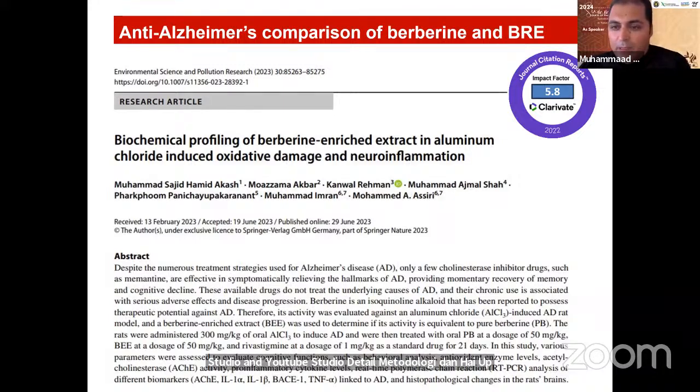Regarding the blood-brain barrier, it is linked with the pharmacokinetics of berberine. We did not perform a pharmacokinetics study, either computational or in vivo. In future, we may study the pharmacokinetic profile of berberine, and we can know how it can affect the body or how the body can affect the drug.